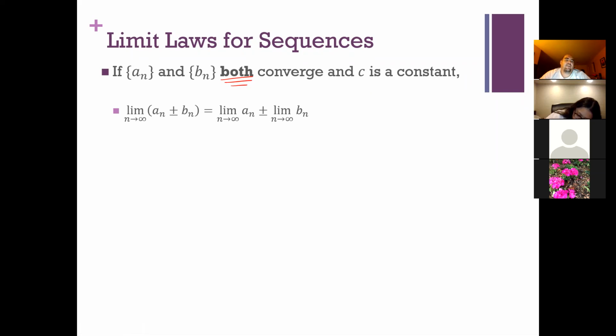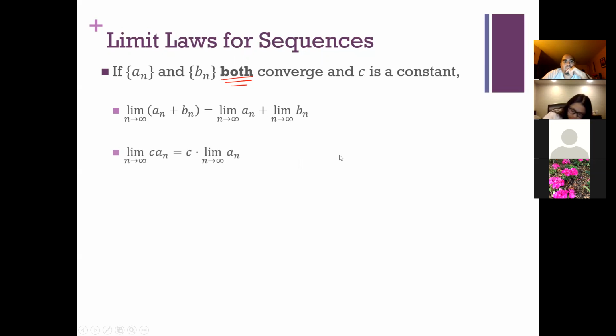The limit of the sum or difference is equal to the sum or difference of the limits. That's something you just saw me do as I broke those limits apart: I can break them into smaller pieces, take those limits, and if they both exist, just add them together. So sums and differences are preserved this way.